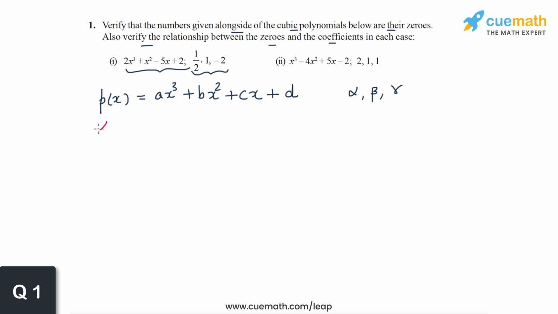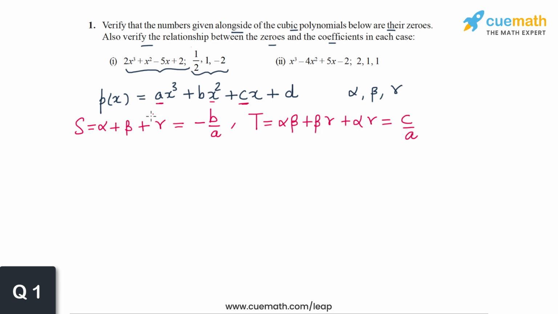Then the sum of the zeros, alpha plus beta plus gamma, so this is the sum s, should be equal to minus b over a, minus of the coefficient of x square over the coefficient of x cube. The sum of the zeros taken 2 at a time, which is alpha beta plus beta gamma plus alpha gamma, should be equal to c over a, the coefficient of x over the coefficient of x cube.